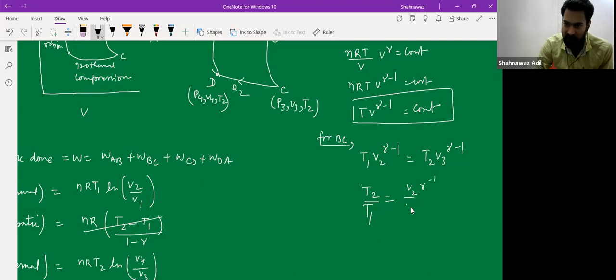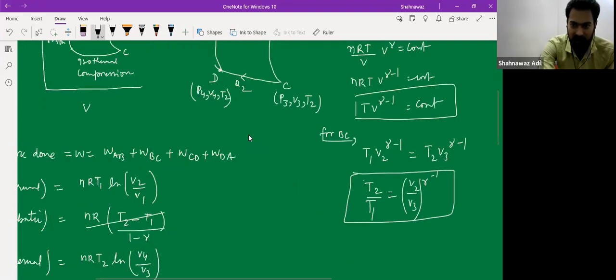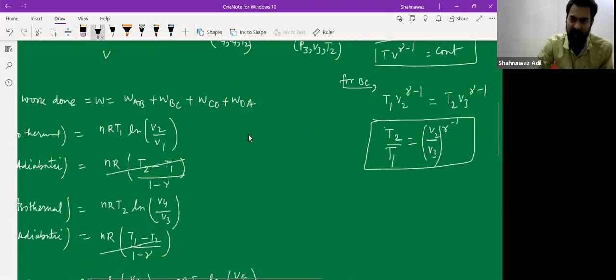So T2 by T1 is this in going from B to C. And what about D to A? From D to A, we will have what?